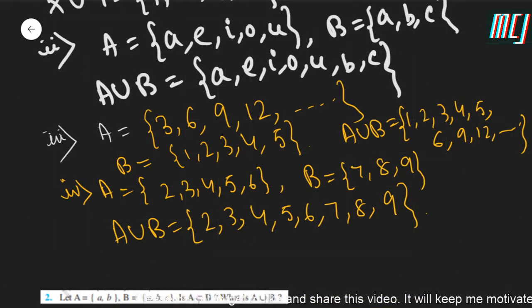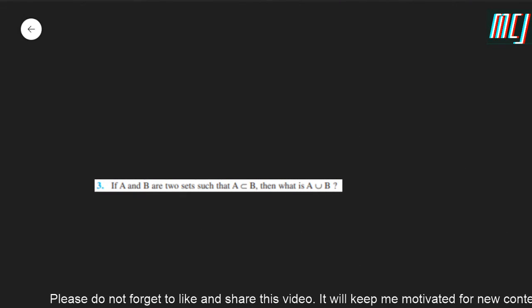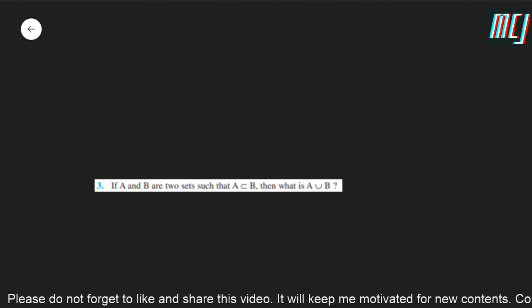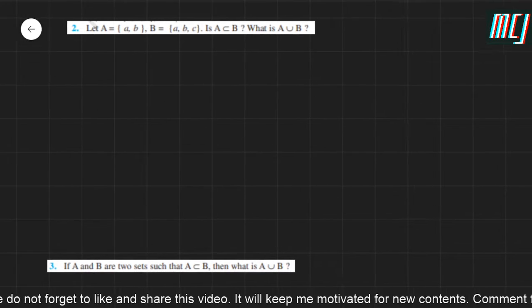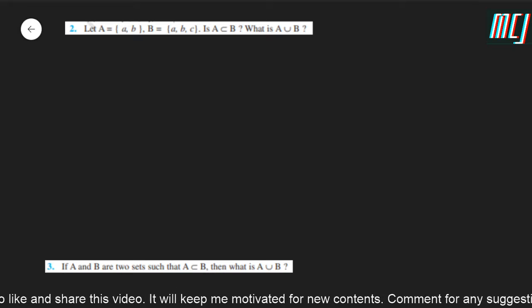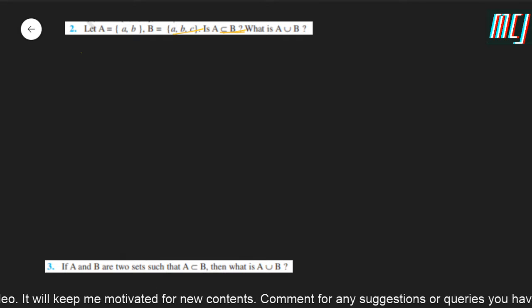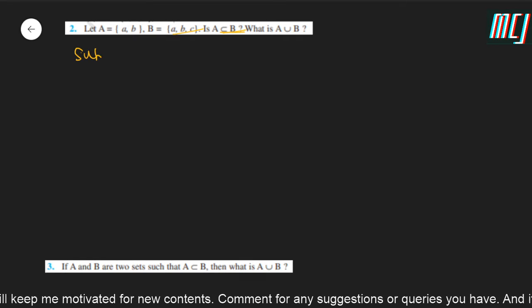Now I am moving to the second question. In the second question, it is telling that let A equal the set {a, b} and B is {a, b, c}. So is A a subset of B or not? You need to check. Here we know the definition of subset.